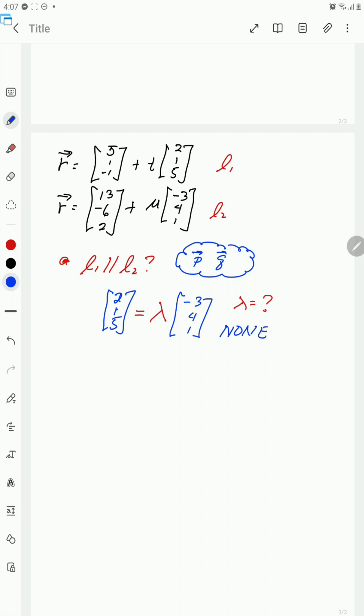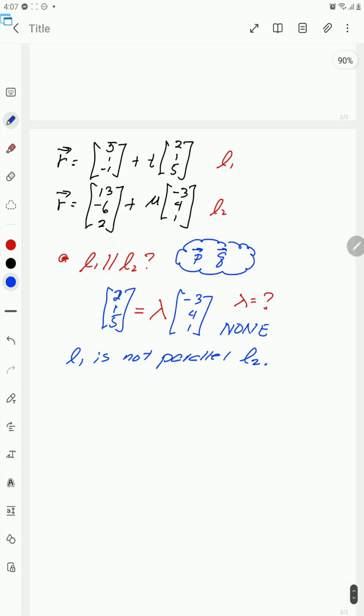Therefore, line 1 is not parallel with line 2. So that's the way to analyze whether they're parallel or not. If they are not parallel, the next thing to check is whether they are intersecting.